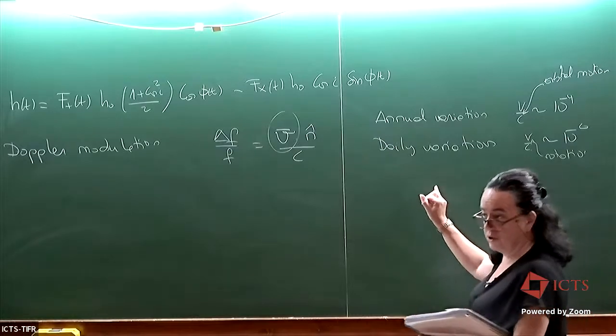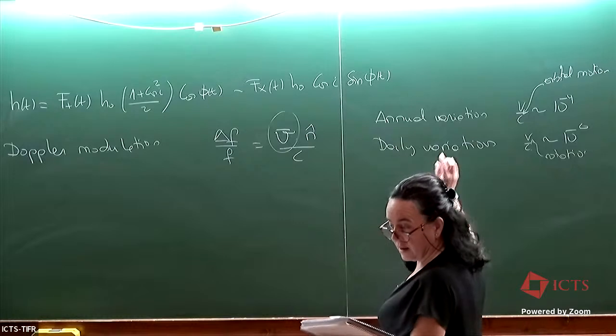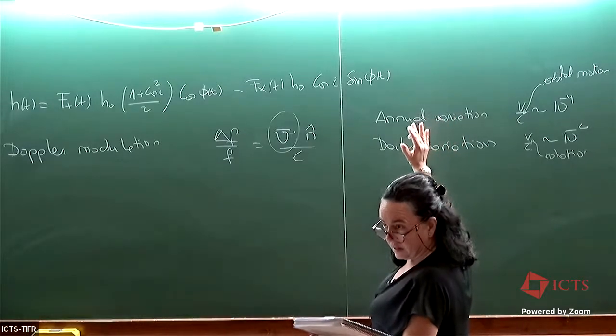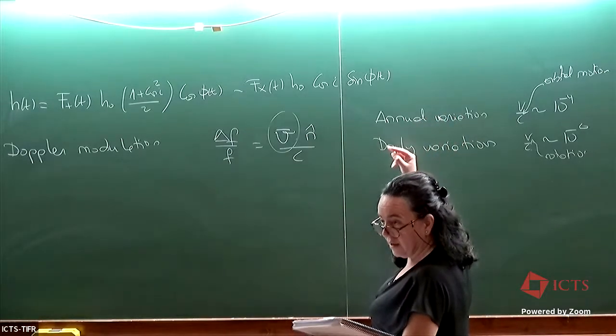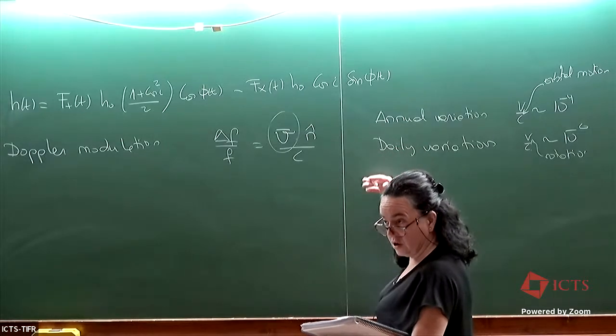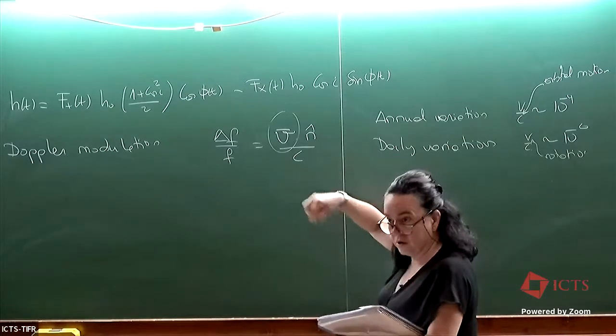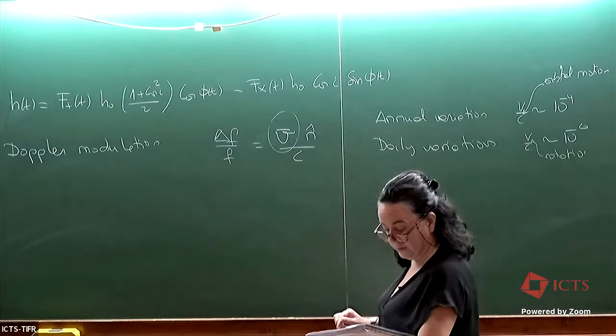Because if on top the source is in a binary system, even if it's emitting a monochromatic signal, we will have to add extra Doppler modulations due to the motion of the source itself.